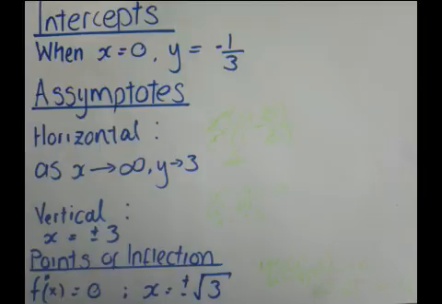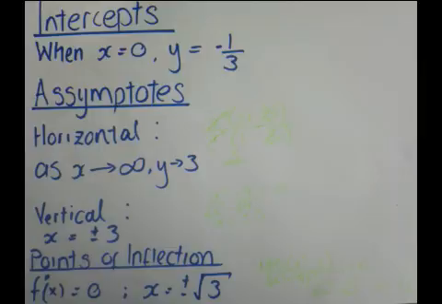To find this, all we have to do is take out x squared in both the denominator and the numerator. Then inside the brackets we're left with 3 plus 3 over x squared, all over 1 minus 9 over x squared. A small number over a number going to infinity is 0, so that brings us to 3. So as x goes to infinity, y is equal to 3.